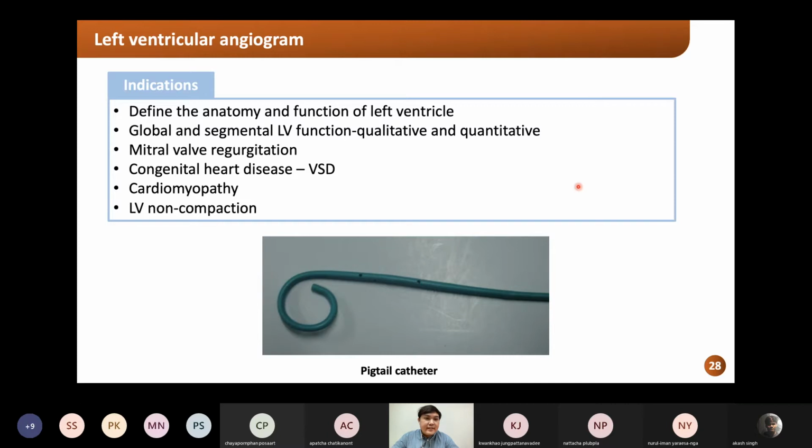It is also used to see heart structure problems like ventricular septal defect, cardiomyopathy, or LV non-compaction.